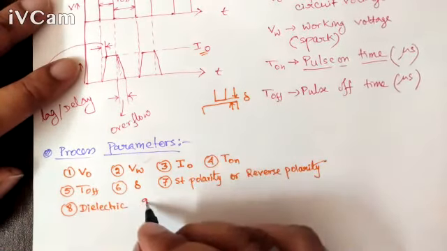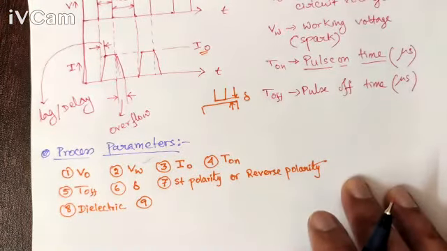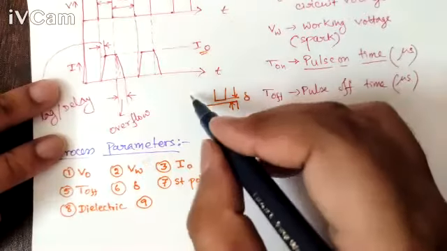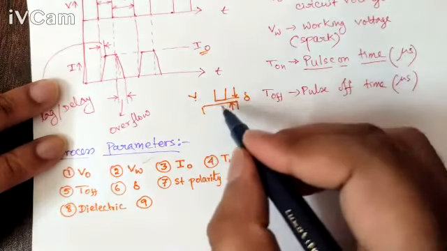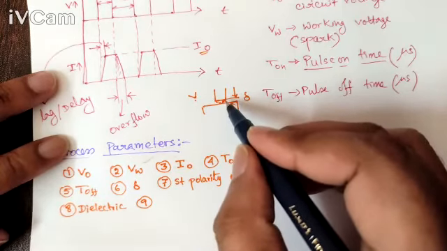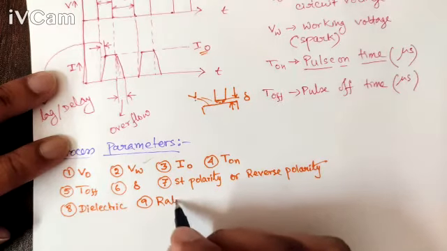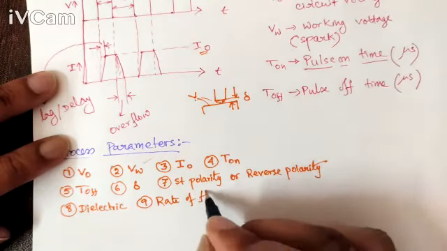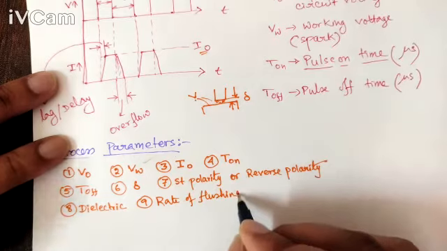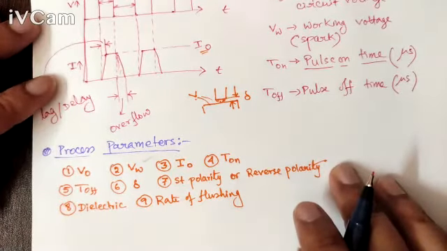Then ninth one: we are using some sort of nozzle in order to flush away the debris which comes out after vaporization. So what is the flushing rate? What is the rate of flushing? So these are some parameters.